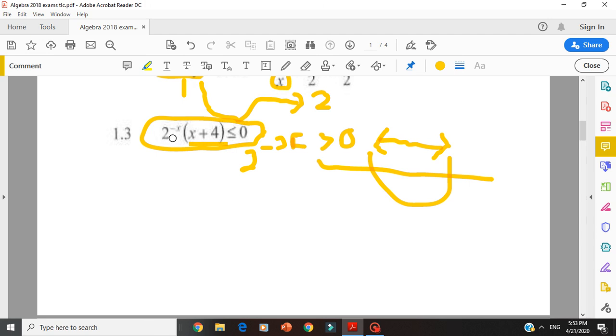Because if you look at this function, it's the inverse of the exponential function. You'll see that it's always greater than 0. Or you can plug in any value for x and see your value is greater than 0.